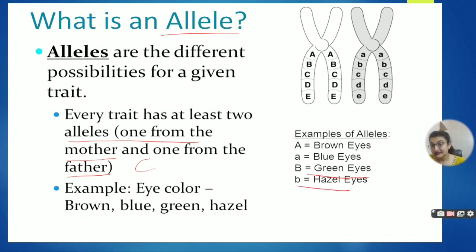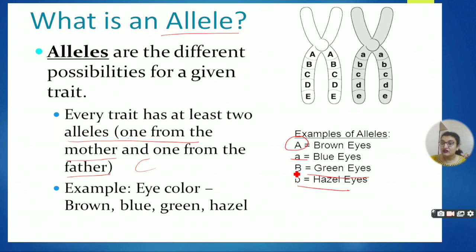When these alleles are present, let's suppose capital A and small a are present together. In this case, capital A is the dominating character and small a is the recessive character. That means the capital A will be showing its expression and the offspring or the child can be having a brown colored eye.